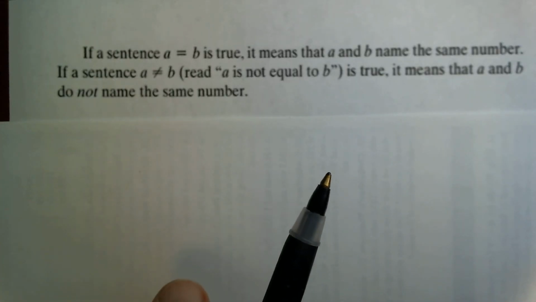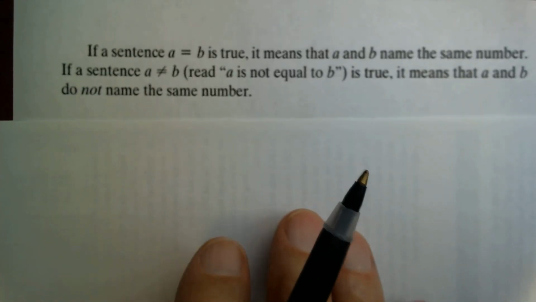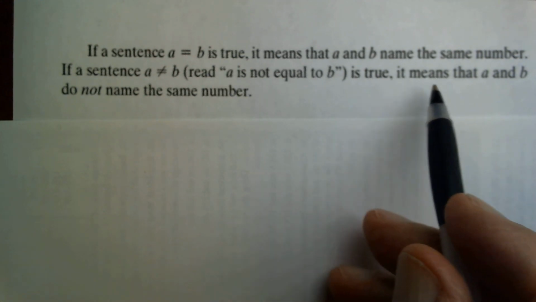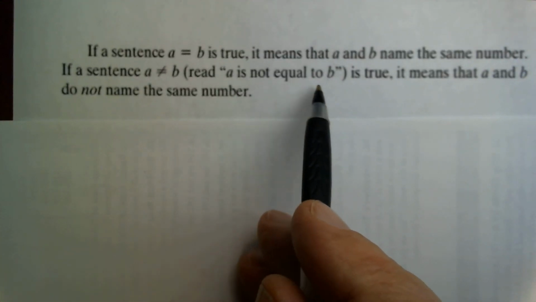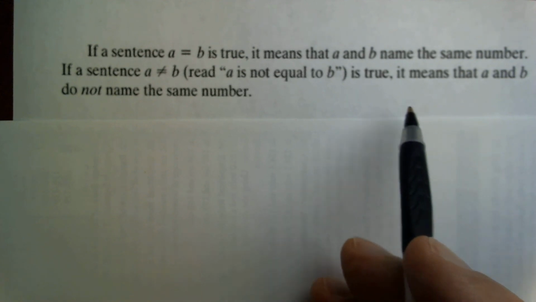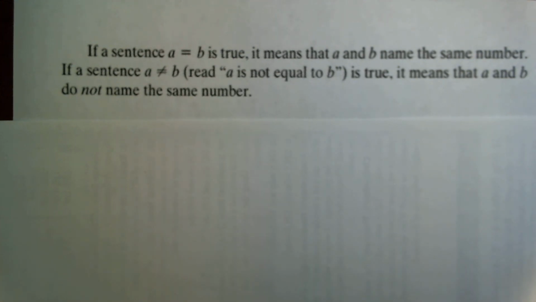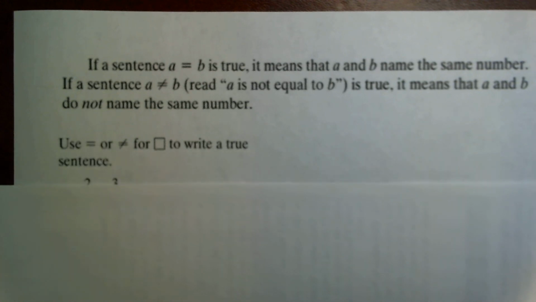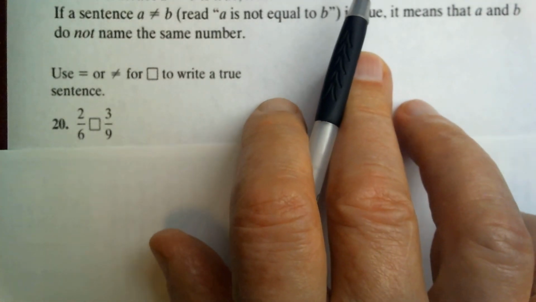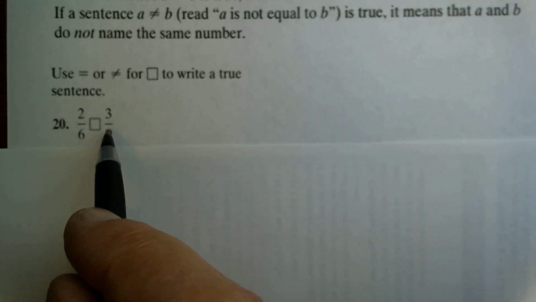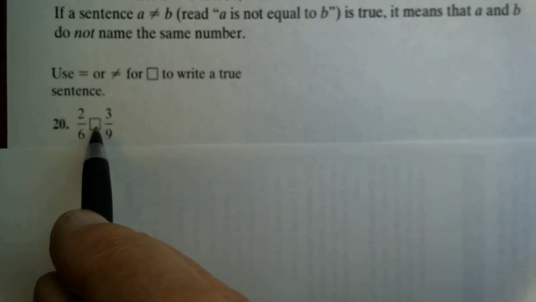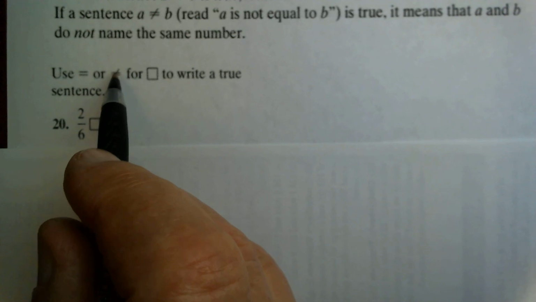So all the time we've used the equal sign. For example, if a sentence A equals B is true, it means that A and B name the same number. If a sentence A is not equal to B is true, it means that A and B do not name the same number. So now we're going to use the equal or not equal symbol for the open square here to write a true sentence. For example, the two fractions, 2 divided by 6 and 3 divided by 9, does that get an equal symbol or not equal, equal with a slash through?